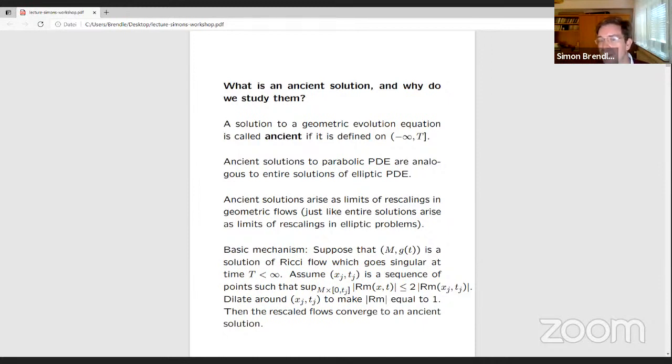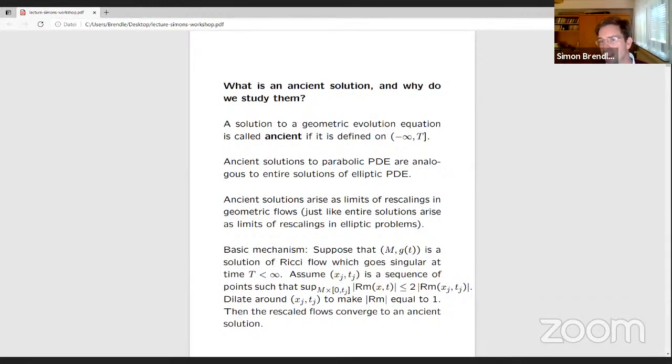Suppose that we have a solution to some geometric evolution equation, then we say that this is an ancient solution if the solution is defined on an interval that extends all the way to time minus infinity. So I want it to be defined on an interval minus infinity to capital T.